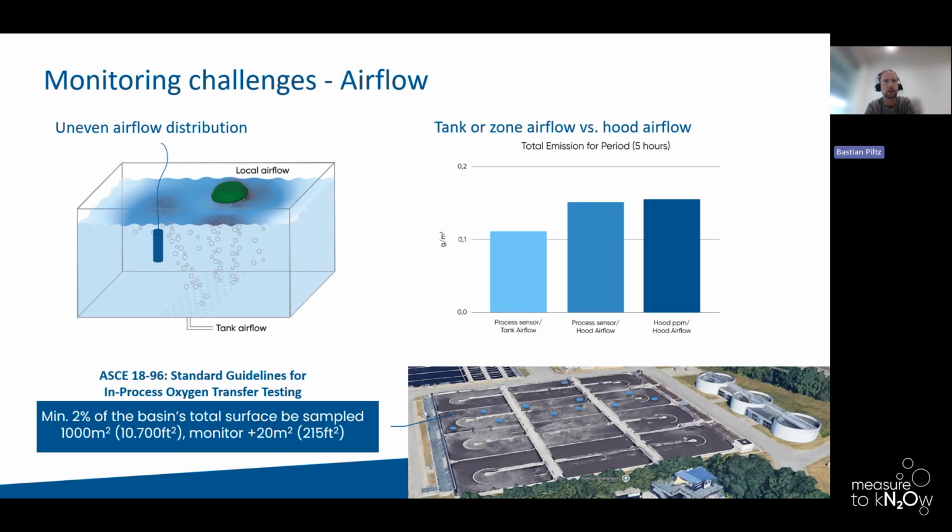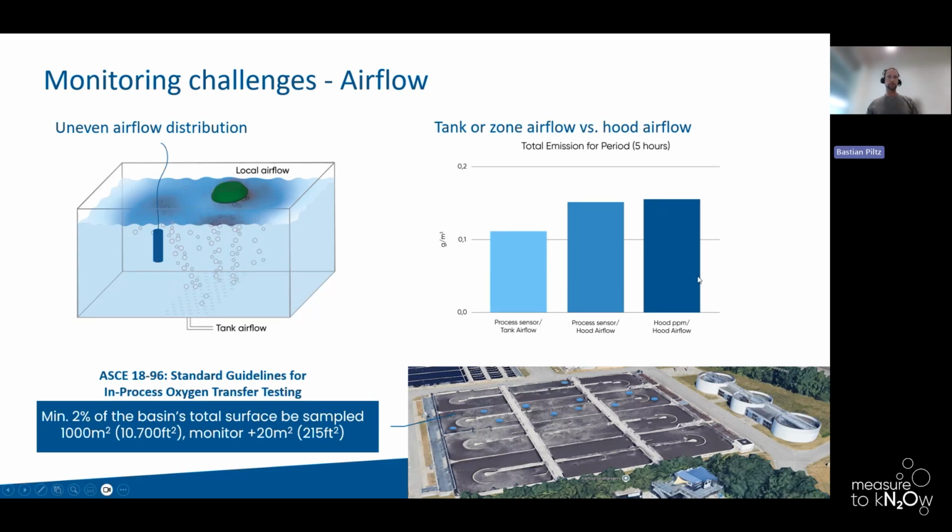Here, first of all, I am showing some older data, which is pointing in the direction that the placement of a hood is very, very important for the amount of airflow that you're measuring, and therefore the emissions that you're going to report.